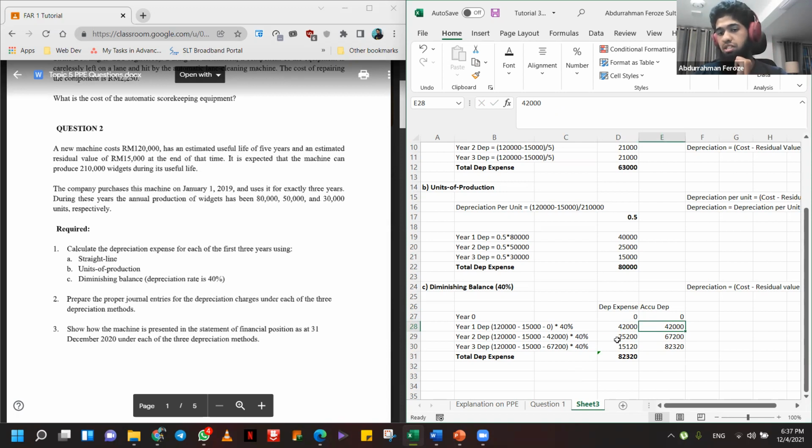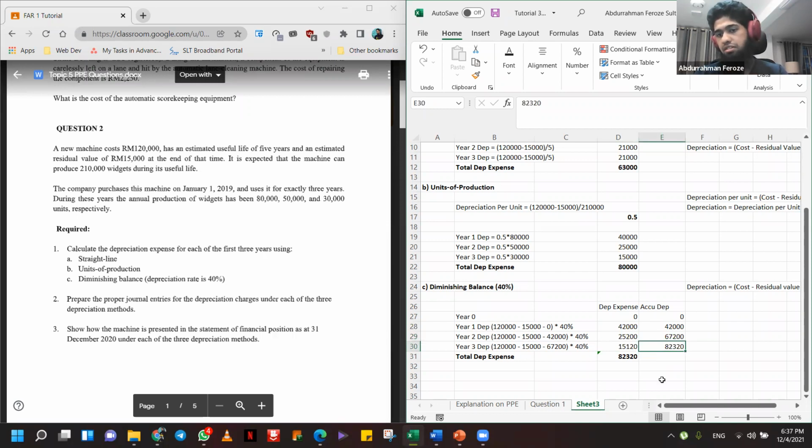Year 2's depreciation expense is 25,200. So the accumulated depreciation is 42,000, which already happened in year 1, plus year 2's depreciation, 67,200. Lastly, you have the year 3 depreciation expense. For the year 3 accumulated depreciation, you add all of these, so each year it adds up with each expense.